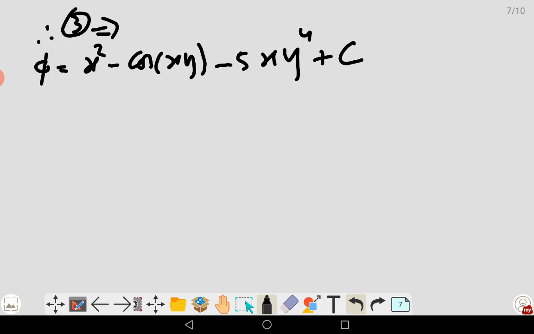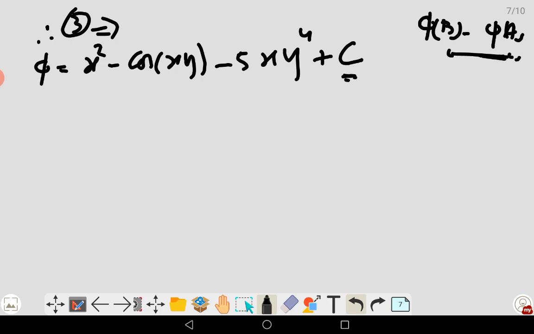And now by theorem 9.1, see, we can ignore this constant, because when you write phi of b minus phi of a, in the previous problem we have seen the constant c, here it will be positive c, here it will be negative c, it will be cancelled, isn't it?